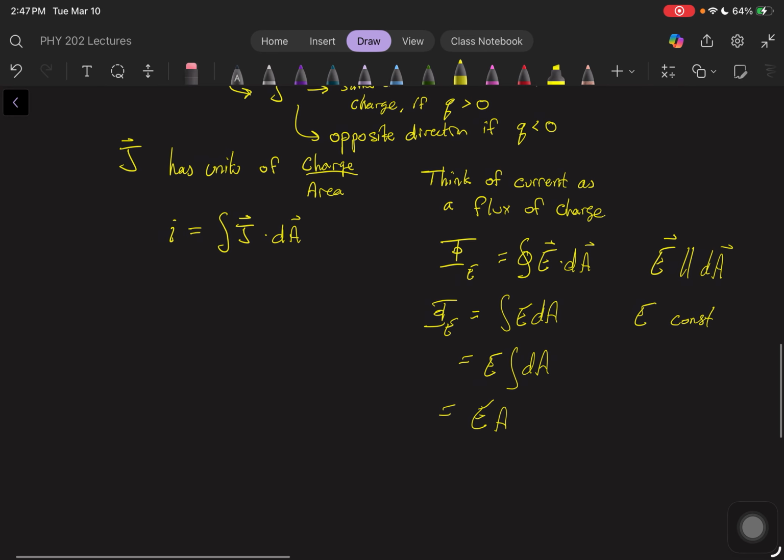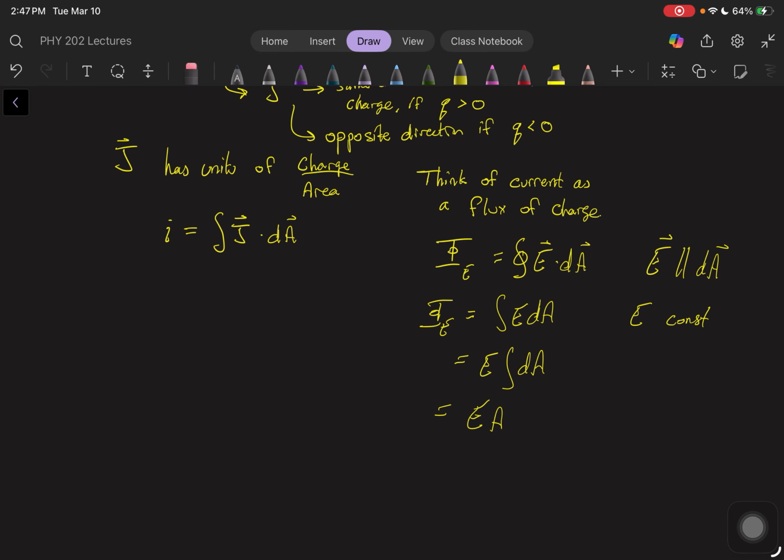So what we're going to do here is choose our cross-section so the J is parallel to dA, and then we get I is equal to the integral of J dA, and then we're also going to have J is constant. And so we have I is equal to J dA is equal to JA.